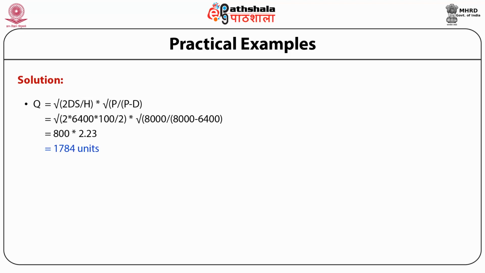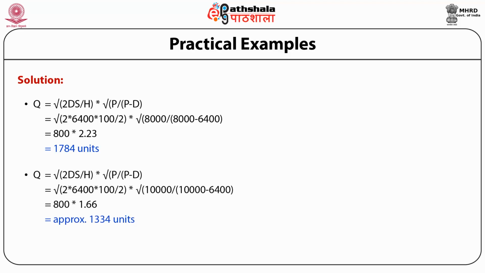Solution. Q equal to root of 2DS upon H into root of P upon (P minus D). Root of 2 into 6400 into 100 upon 2 into root of 8000 upon (8000 minus 6400). It becomes 800 into 2.23, equal to 1784 units. B, with 10,000 units per year, it comes to approximately 1334 units.